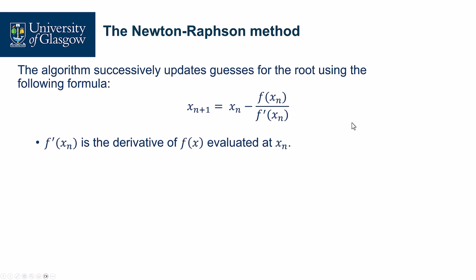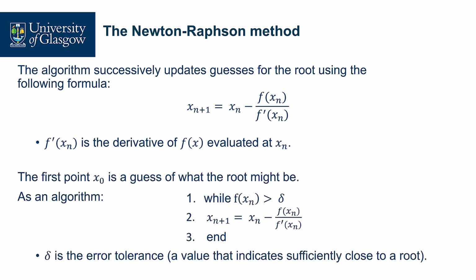So how to program it? Clearly, this is an iterative process, so we need a loop, right? But using a for loop is not easy because we don't know how many iterations it will take for f(x) to become small enough, equal to 0. So we need to use a while loop. This is the program that we can get. We first provide x0, our initial guess.